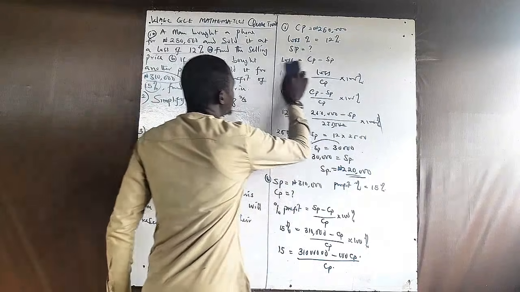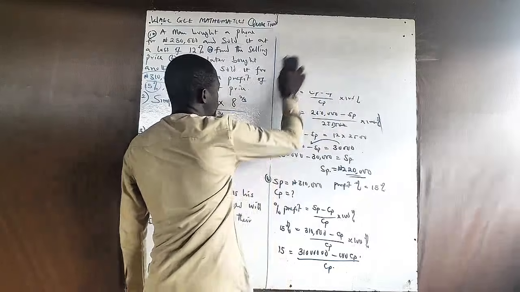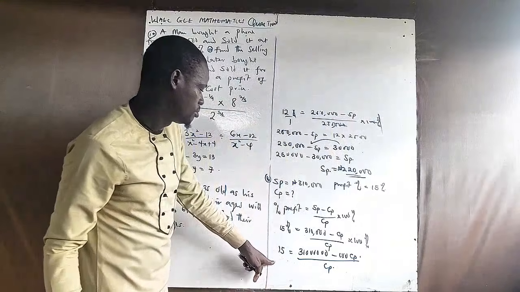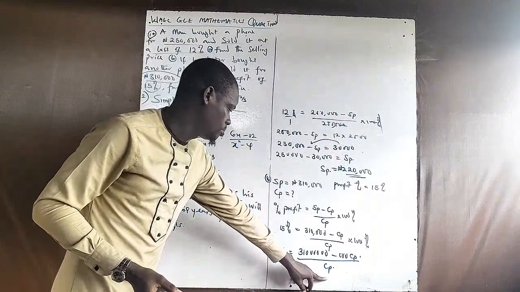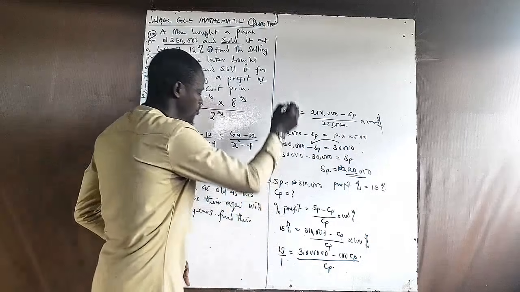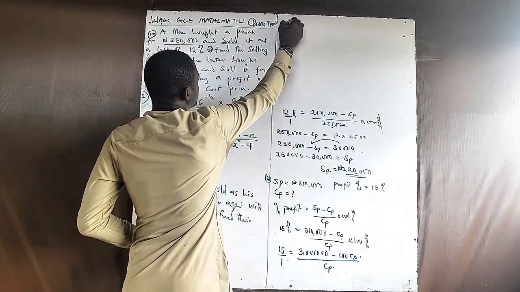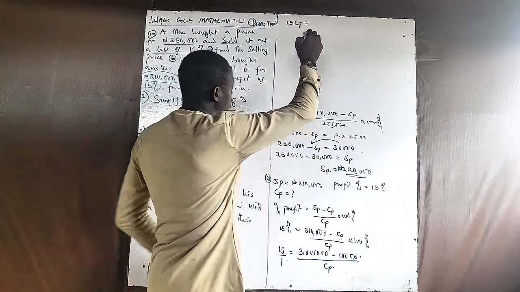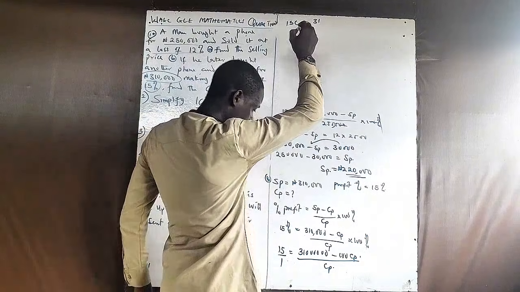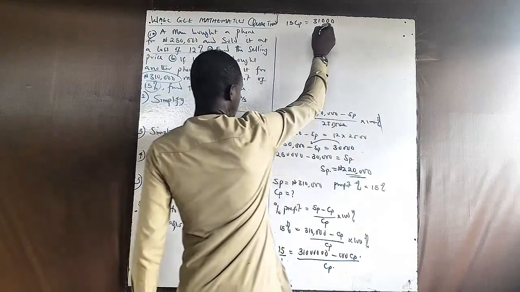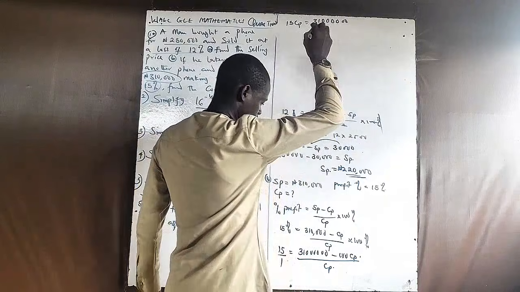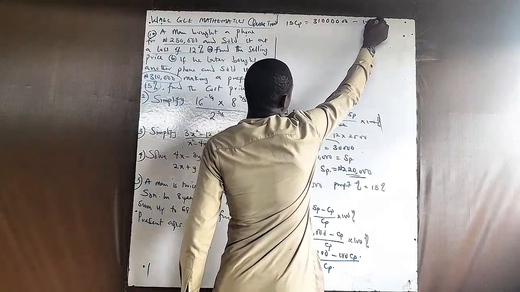So from here I can be having my 15, this is going to give me 15 times, okay, cross multiply this over 1. I have 15 CP equals 310,000 minus 100 CP.